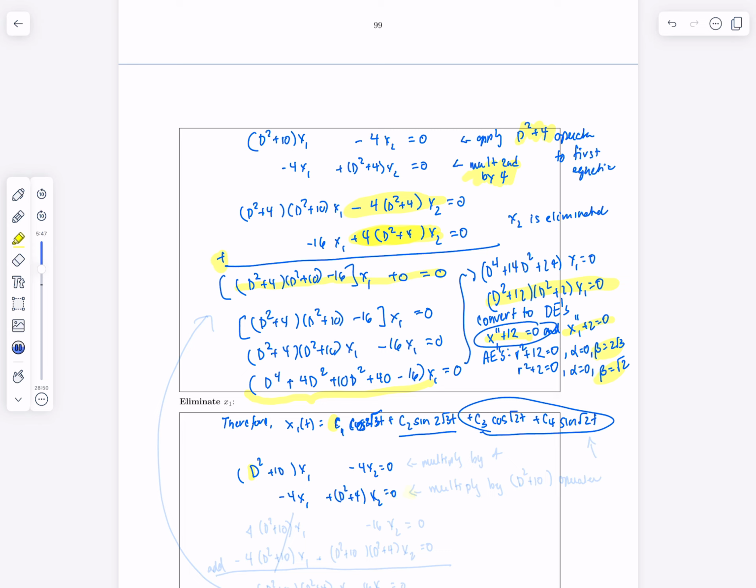So this time, we're going to eliminate x1 because we want to solve for x2. One way we can do that is multiply the second equation by the D squared plus 10 operator.